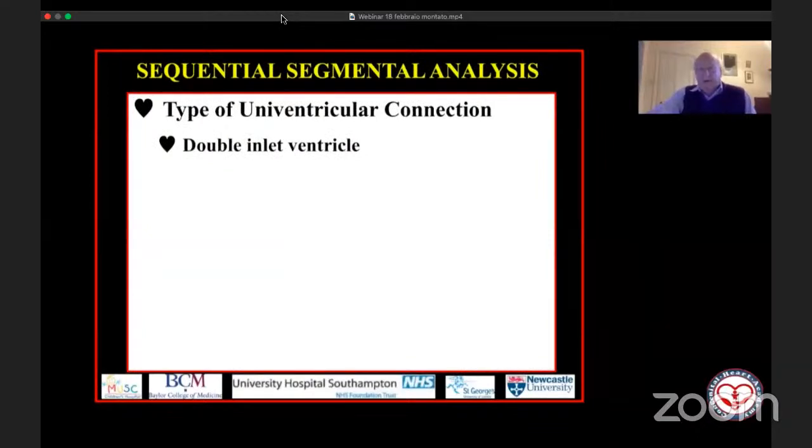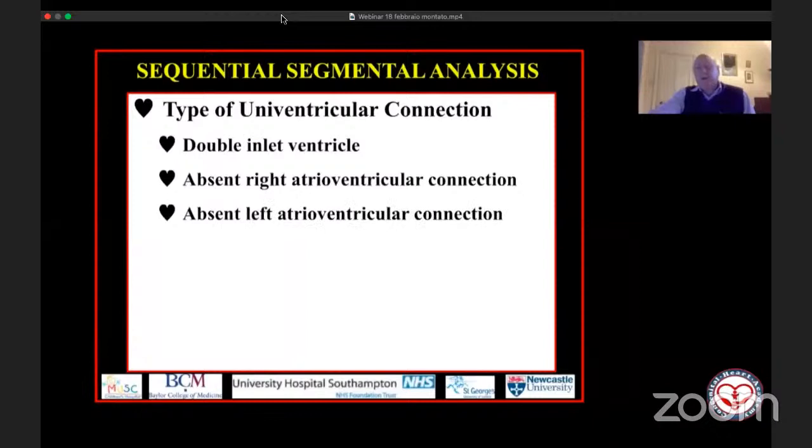So what are the connections that underscore the univentricular atrioventricular connection? Well, the most obvious is double inlet ventricle, but as we're going to show you, the same situation can be produced when there is absence of the right atrioventricular connection or absence of the left atrioventricular connection.